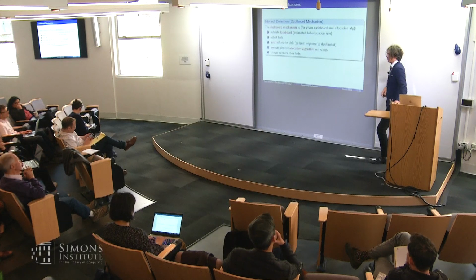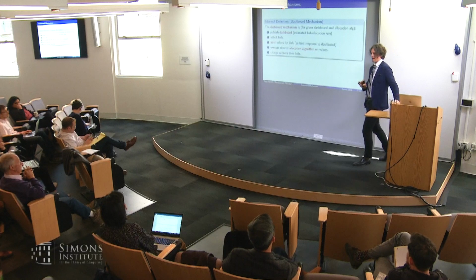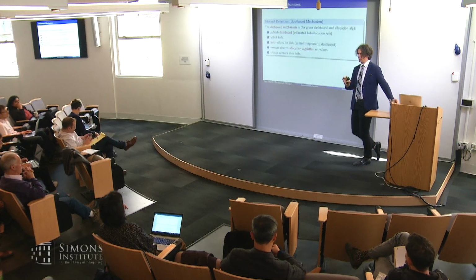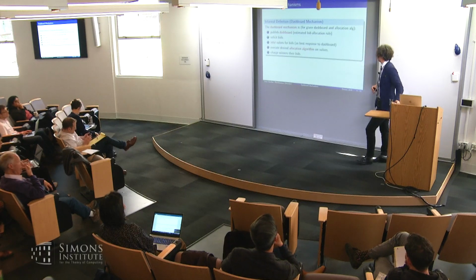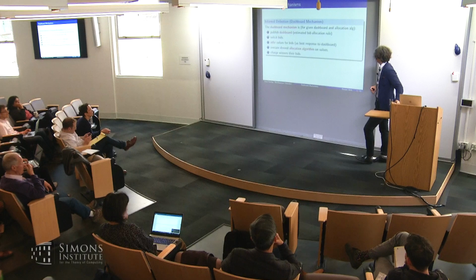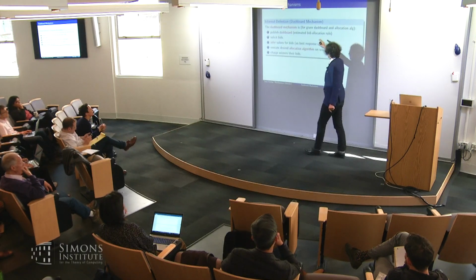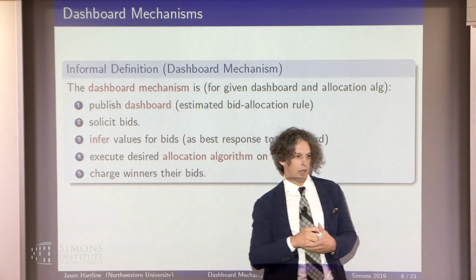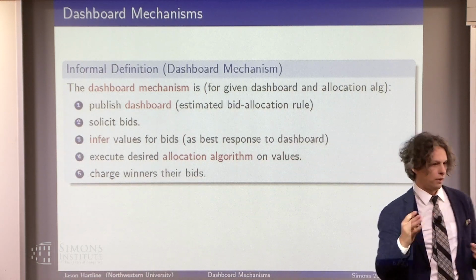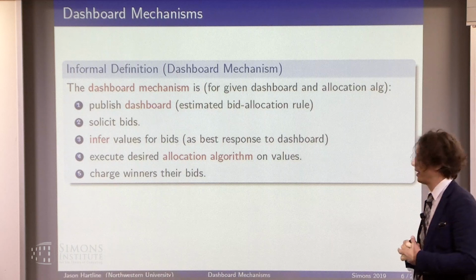Cool. So I'm going to answer the second question first. I'm going to tell you exactly the dashboard mechanism I have in mind. It's very similar to ideas that were mentioned in some of the past talks, Sheng-Lu's talk, for example. But I'm going to do what he said not to do, sort of. So I'm going to publish a dashboard, which is my estimate of how we're going to map bids to the likelihood of winning.